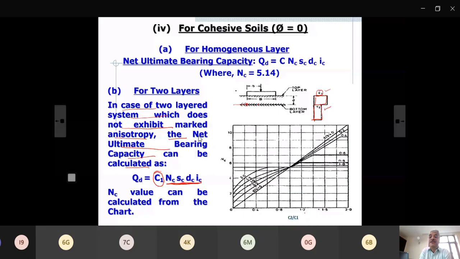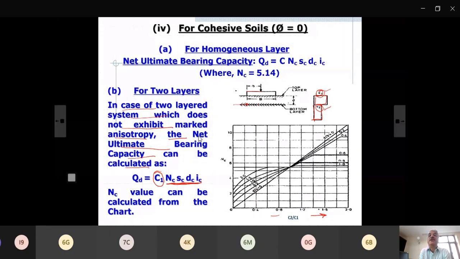How is this chart? On this chart, this side is your C2 by C1. C2 is the C value of the second layer and C1 is the C value of the first layer. It can be less than 1, it can be more than 1. Then there are further charts which are based on D by B. B is your half width of the foundation when it is vertical. If it is eccentric, then you will reduce that width and take half of that reduced width.